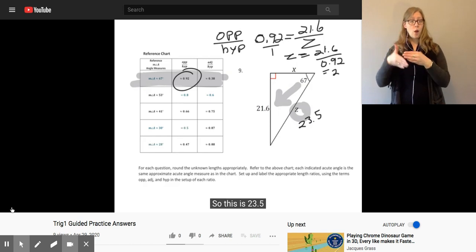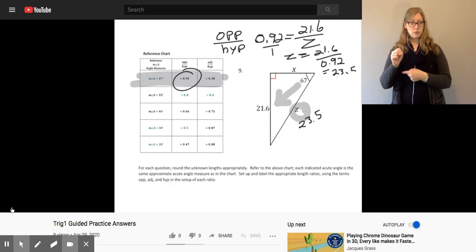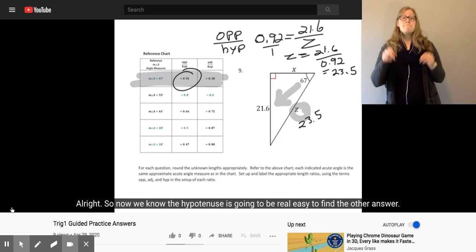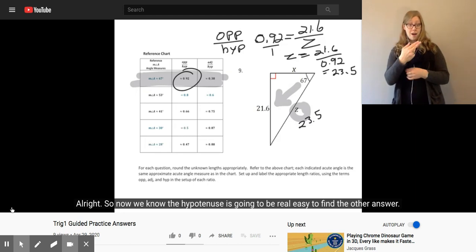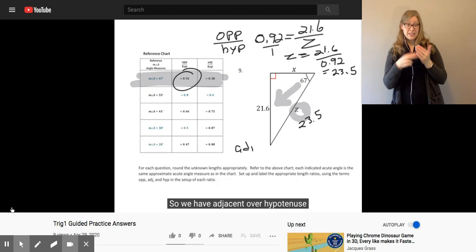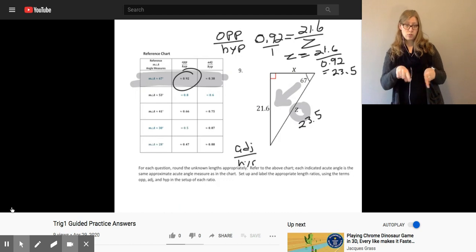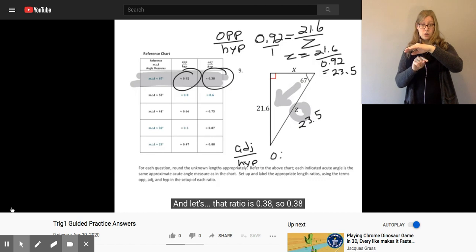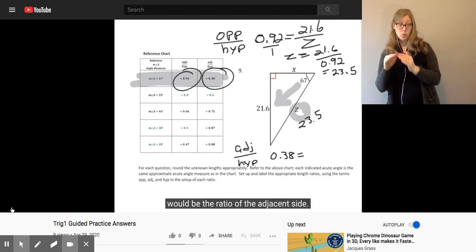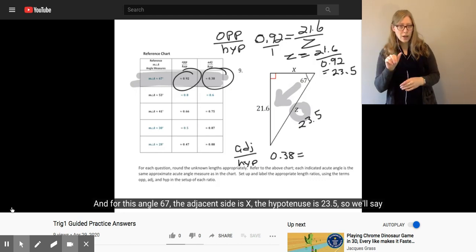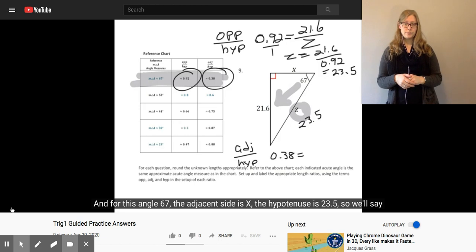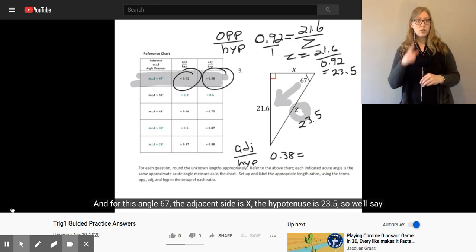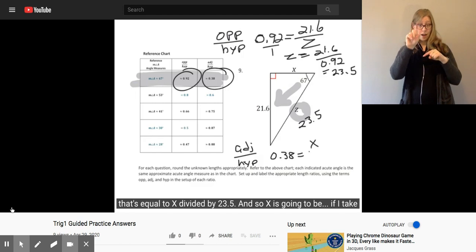So z is 23.5. All right, so now we know the hypotenuse. It's going to be real easy to find the other answer. So we have adjacent over hypotenuse, and that ratio is 0.38. For this angle 67, the adjacent side is x and the hypotenuse is 23.5. So we'll say 0.38 is equal to x divided by 23.5.